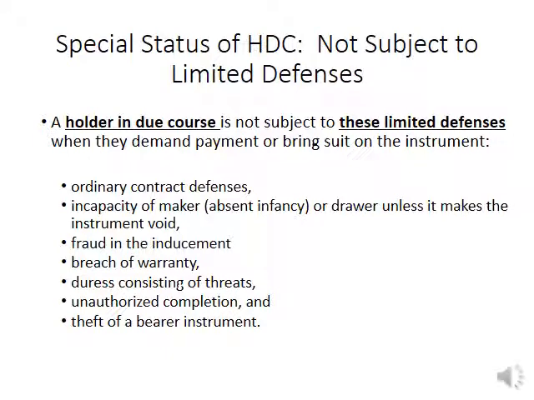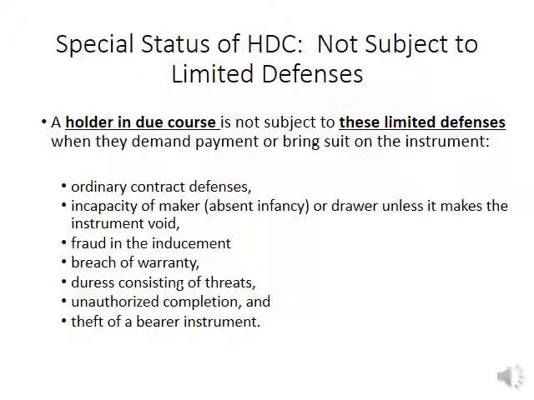So a holder in due course is not going to be subject to these limited defenses. These are limited defenses: ordinary contract defenses, like breach of contract. If someone says that the contract was breached for goods and they're not going to pay, they would still have to pay a holder in due course. Incapacity, if someone's claiming that because they are a minor, they are not required to pay, that is a limited defense.